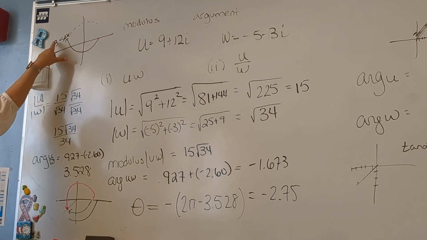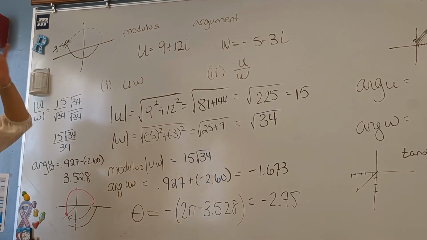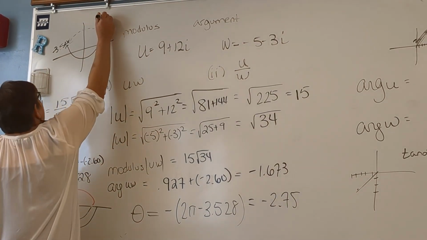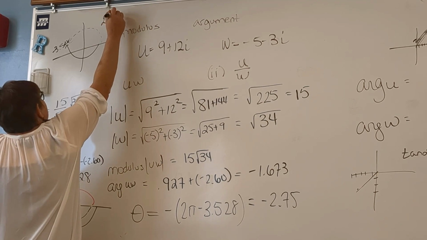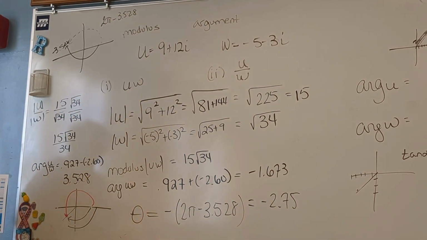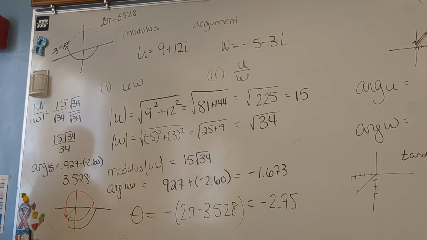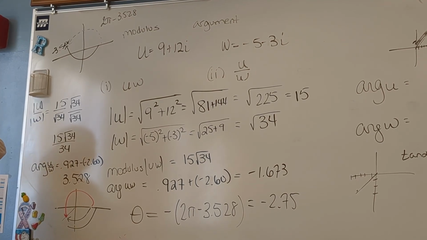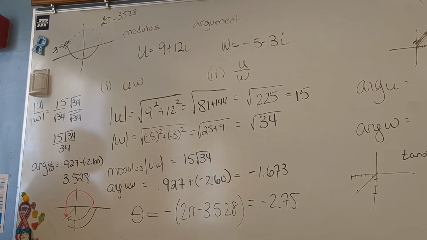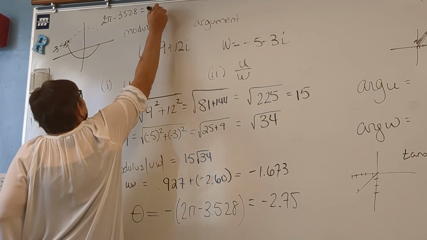I'd be getting rid of that 3.528, right? So I would have 2 pi, and then I subtract the 3.528. Go ahead and do that for me. 2 pi minus 3.528, what do I get? Two point seven five five. Say it again to me. 2.75. Makes good sense, right?